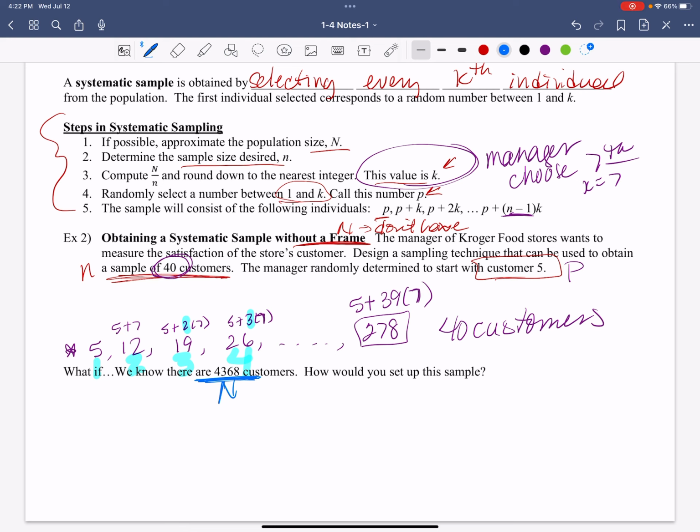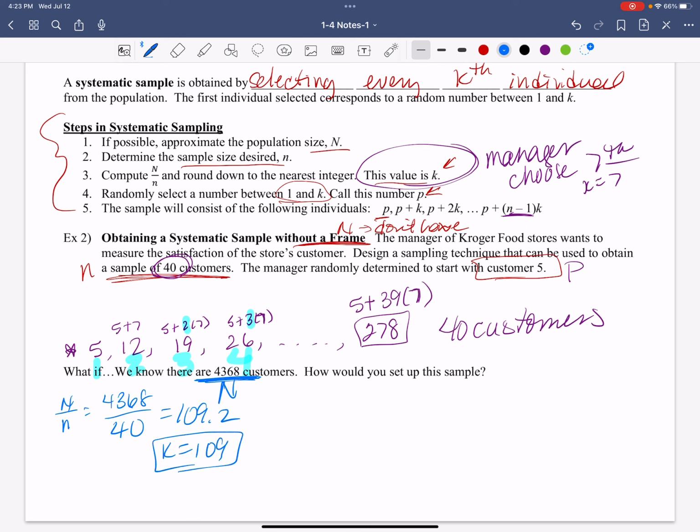All right, so I take my N, which is 4,368, and I divide that by the number that's in my sample. 4,368 divided by that 40 will give me 109.2. And that's going to tell me my K value. So that's where we're up here at the K value. So K is just going to be 109.